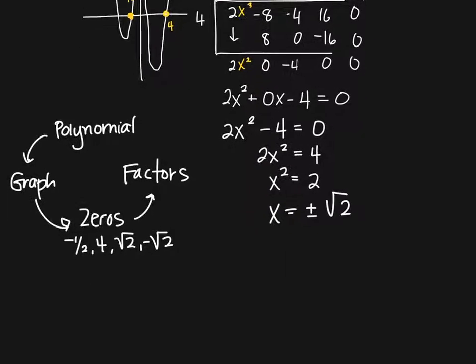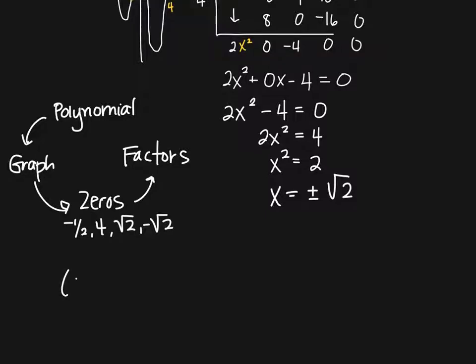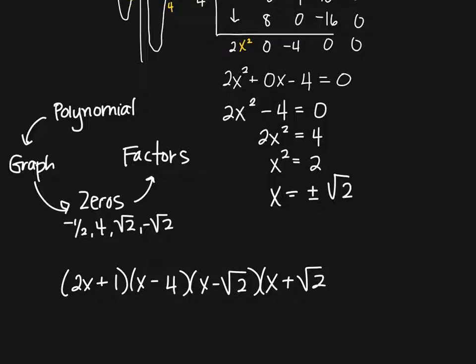Writing them all out, our factors would be 2x plus 1, x minus 4, x minus the square root of 2, and x plus the square root of 2. If we would FOIL and superFOIL all of those factors out, we should be back to the polynomial that we started with.